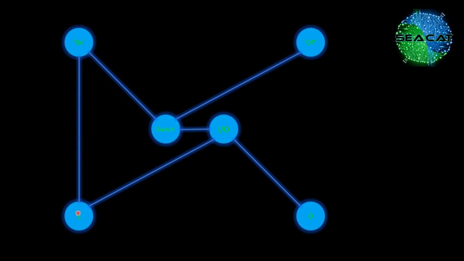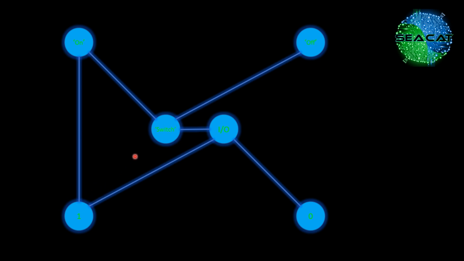So you would also have a conceptual connection between on and one, right? Because you wouldn't initially, but once you had said switch on and you had turned it on, not only would it have that connection, but it would have this connection, right?